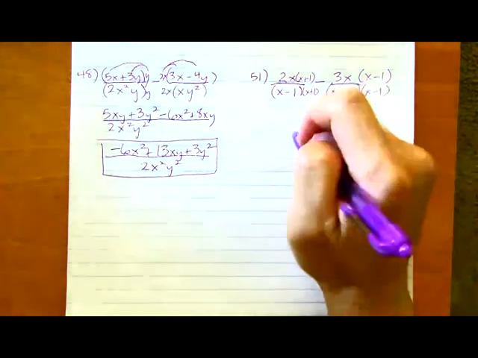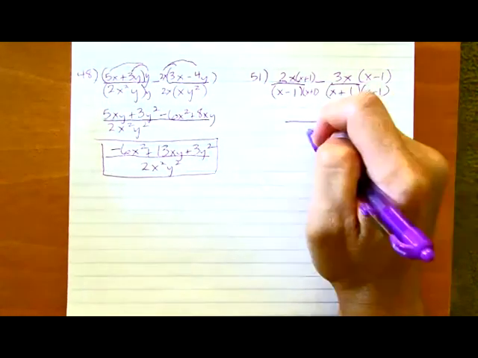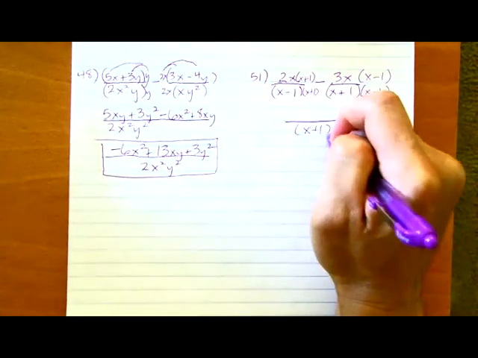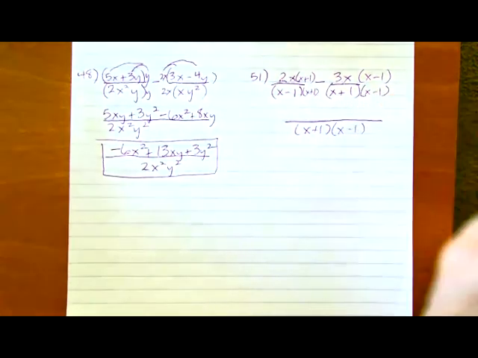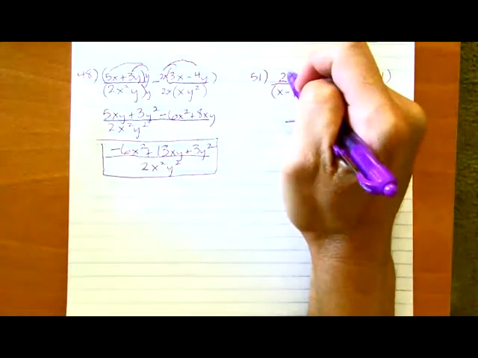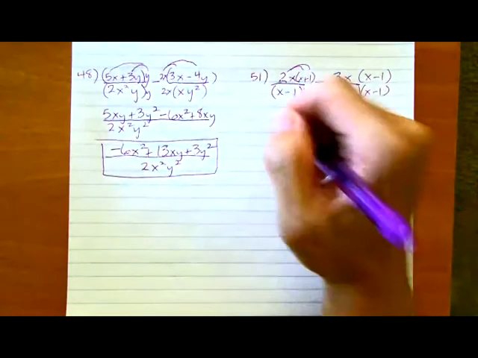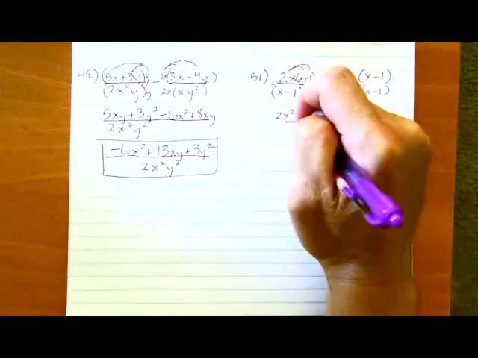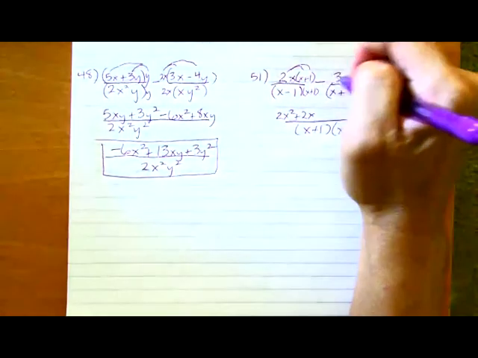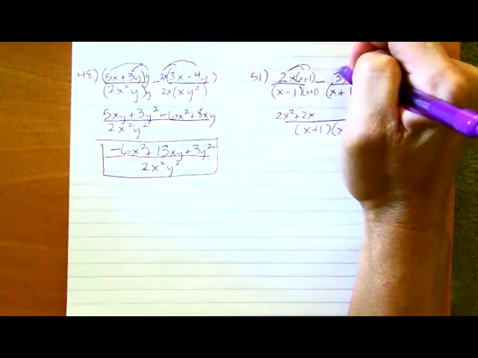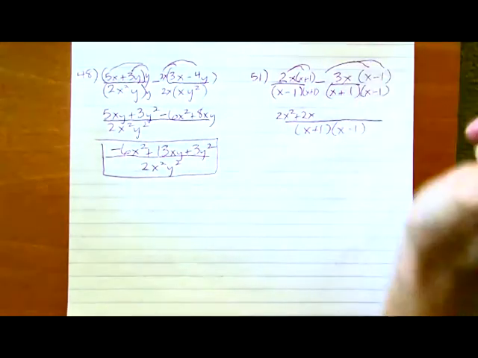Okay, so we know the denominators are going to be x plus 1 and x minus 1. I'm going to distribute the 2x. 2x squared plus 2x. This is a negative 3x. I'm going to distribute it to both terms.